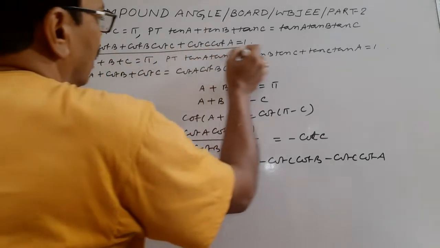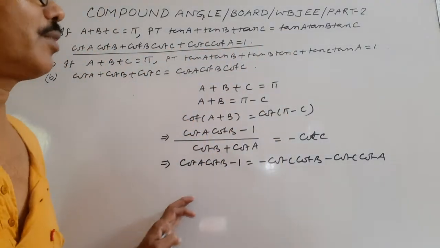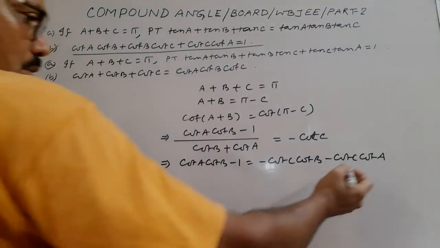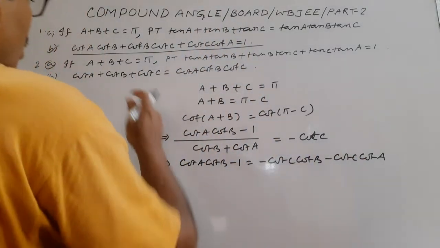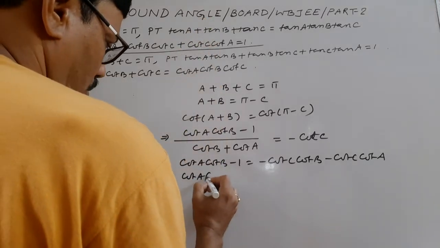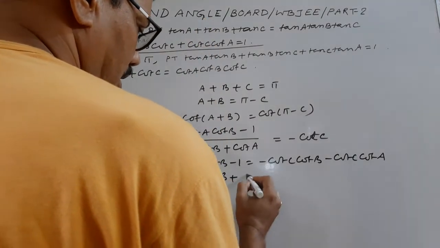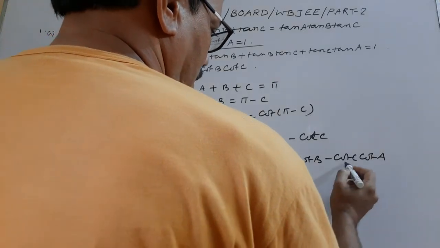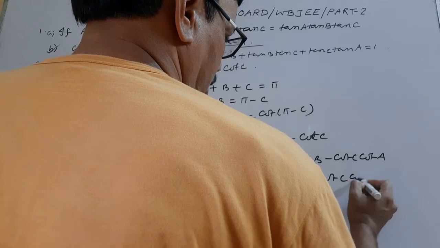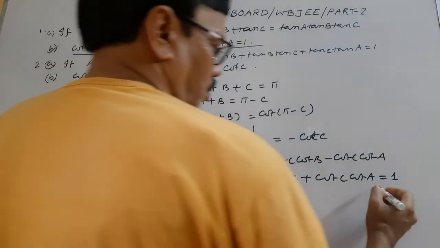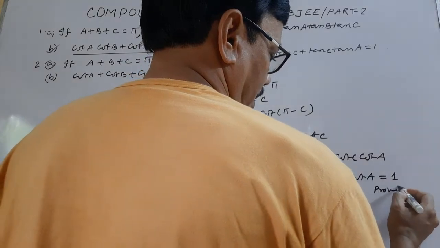So you write the result in terms of the given proof. Here all the cots are on the left hand side. So cot A cot B on the left hand side. Transfer this one, cot B cot C, and this one, cot C cot A, to the left hand side. 1 goes to this side. So proved.